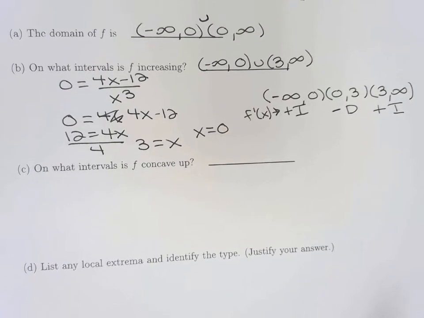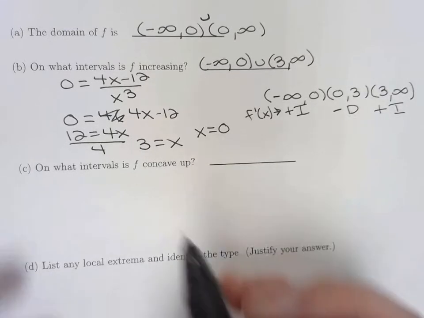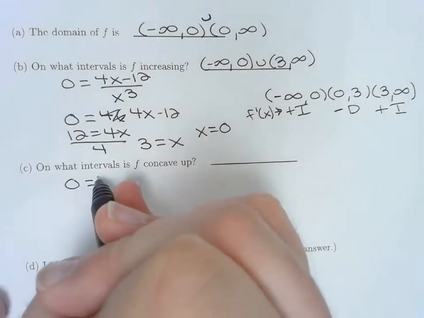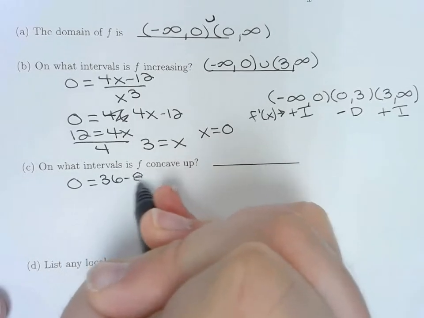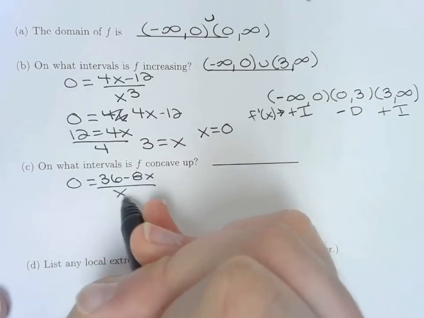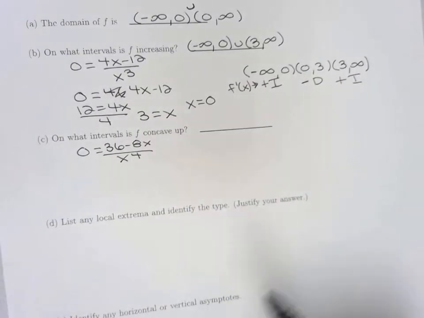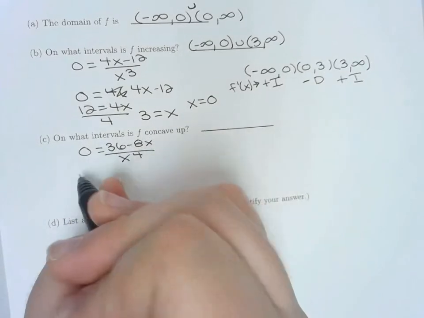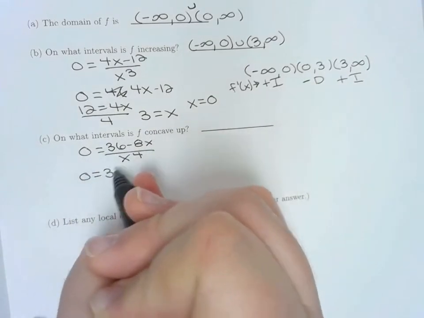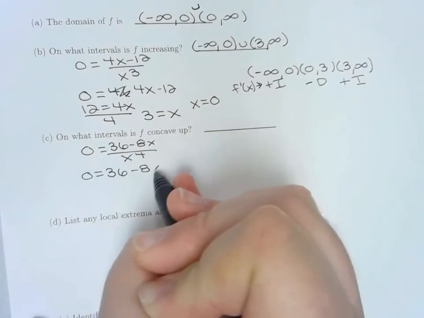Concavity, I look at what? Second derivative set equal to 0. So this is what I'm saying. Even though you freak out a little bit because you can't use calculators, because of that, things are going to work out pretty nicely, like ones like this. So if I set equal to 0, 0 equals 36 minus 8x.